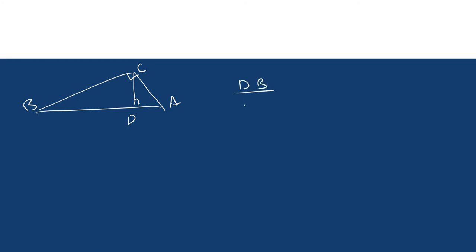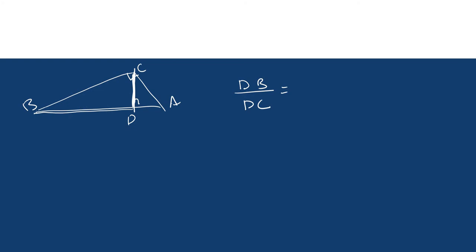So let me redraw the drawing here. Okay, and we had this D, that was my right angle, that was my right angle, CAB. So let's say that I want to use the ratio of DB to DC. So DB is the long leg, proportional to the short leg, and that's of this left-hand triangle.